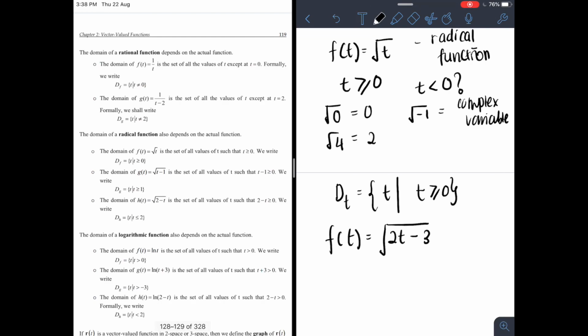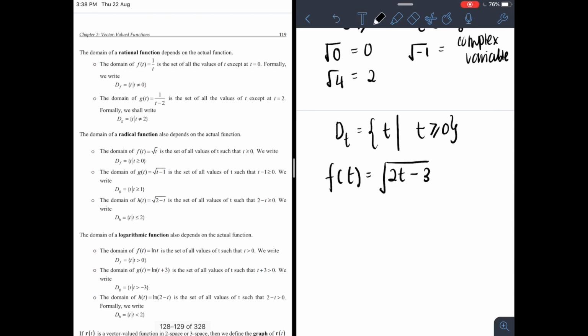By right, you will say that this function is actually a radical function, and then you must know that whatever value is under the square root, it should always be larger than or equal to 0, so that the function will be defined.